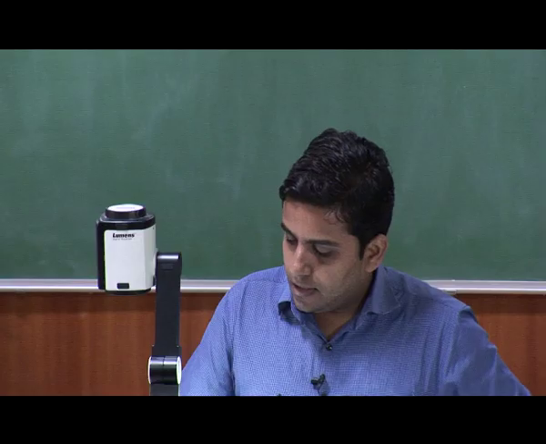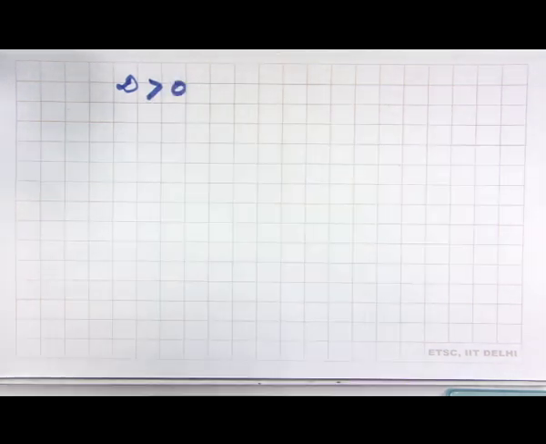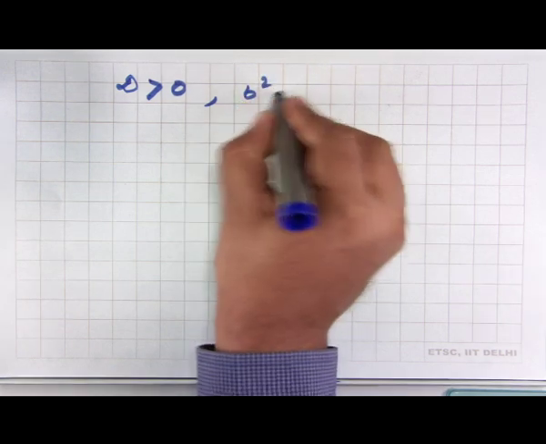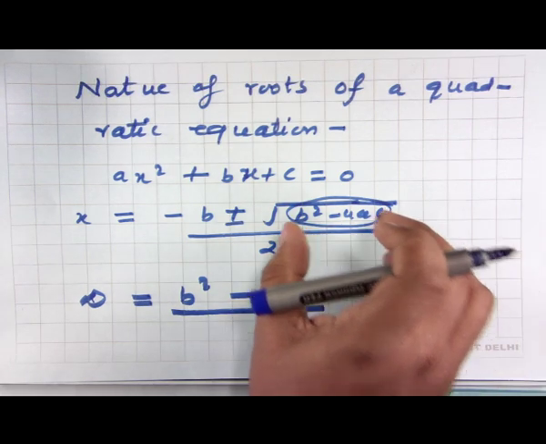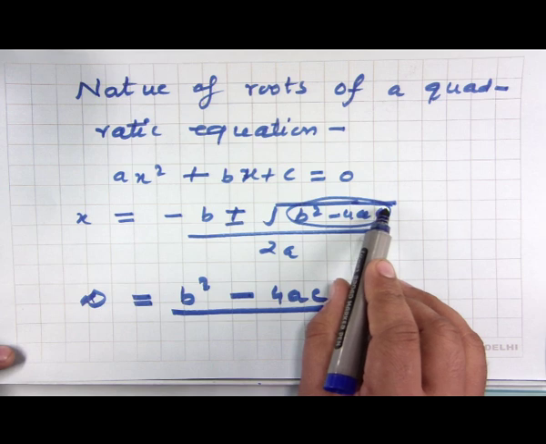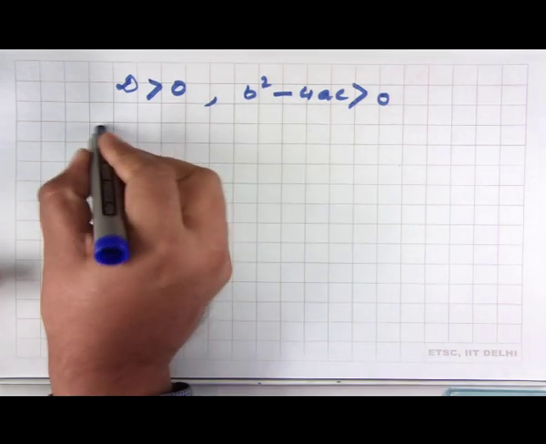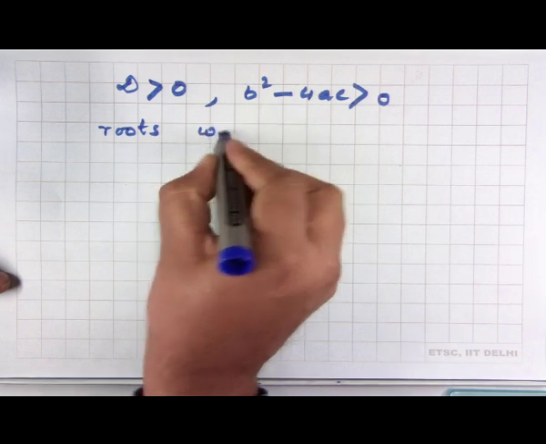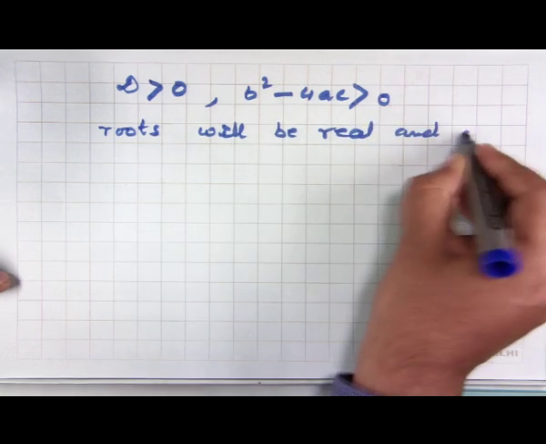If this value D is greater than 0, meaning b square minus 4ac is greater than 0, then the square root will be positive. So the roots will be real and distinct.